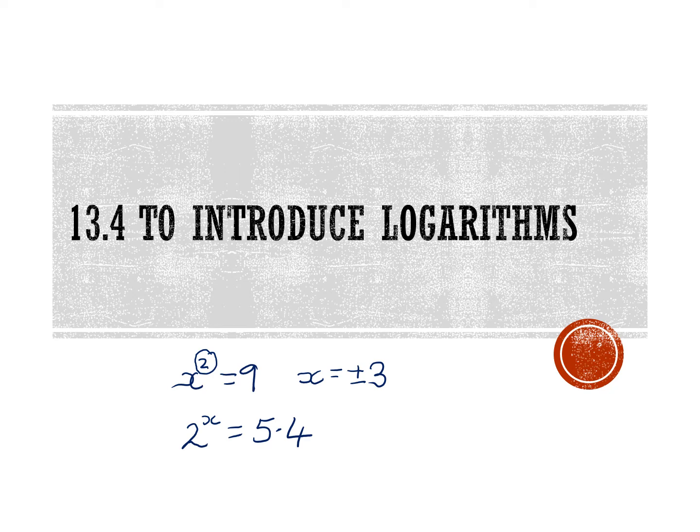There, I did the inverse of squaring, which is square rooting. Here, the inverse of raising 2 to the power x is basically taking logs of both sides, or logs to the base 2. So that's really what logs are all about. They are the inverse operation to exponentials.